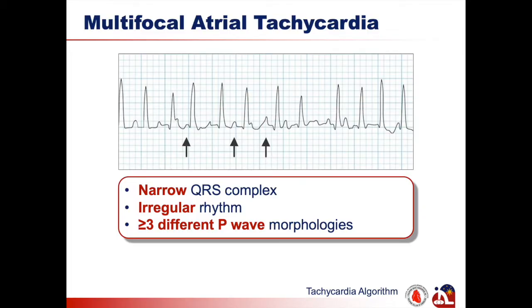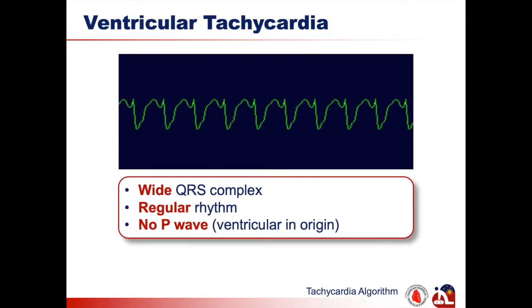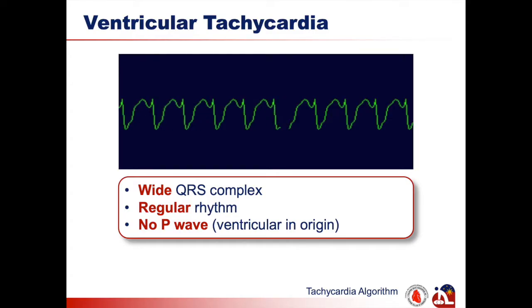Oftentimes confused with atrial fibrillation, MAT has narrow QRS complex, irregular rhythm, but P waves are still discernible. Diagnosis of MAT requires presence of 3 different P wave morphologies as seen on the monitor or ECG. Among the wide complex tachycardias, ventricular tachycardia is the most common.